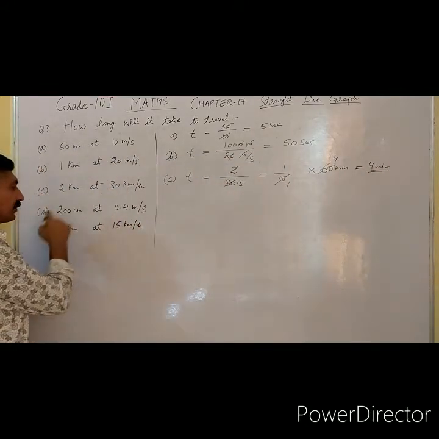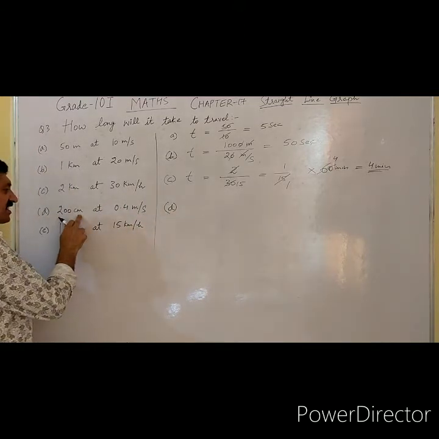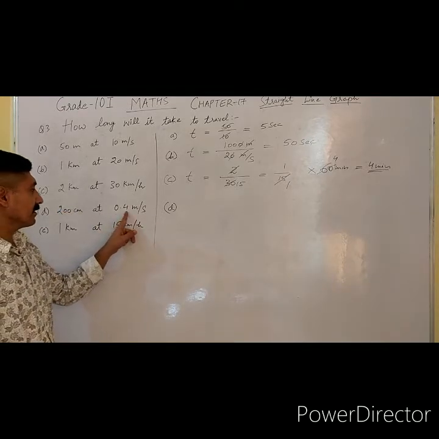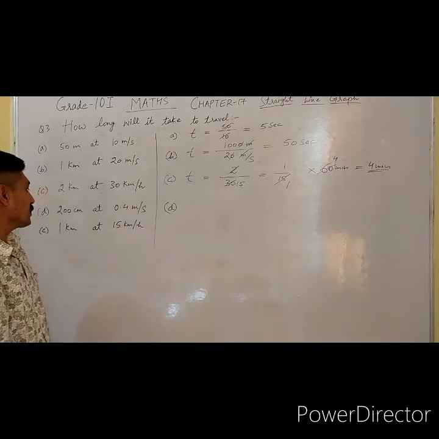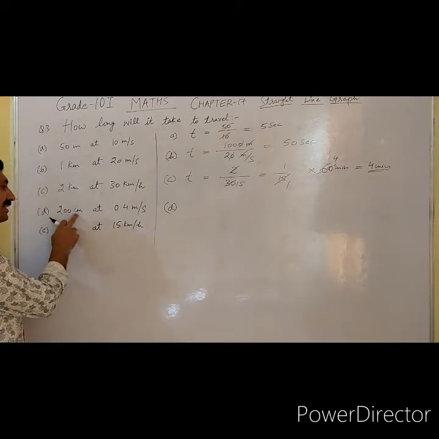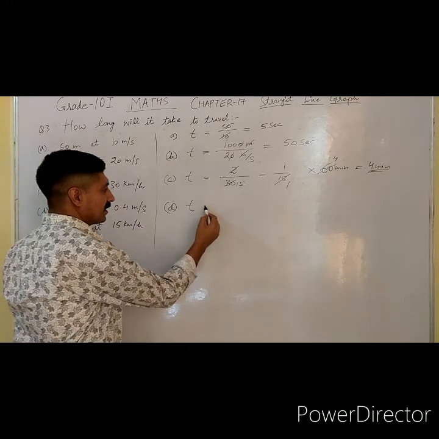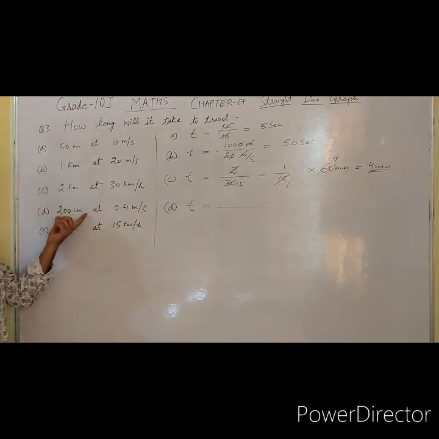So next part we have the distance of 200 centimeters and the speed is 0.4 meter per second. So we need to convert centimeters into meters.